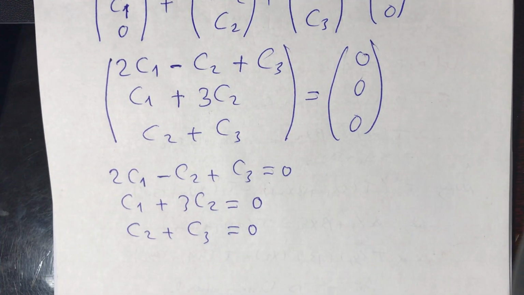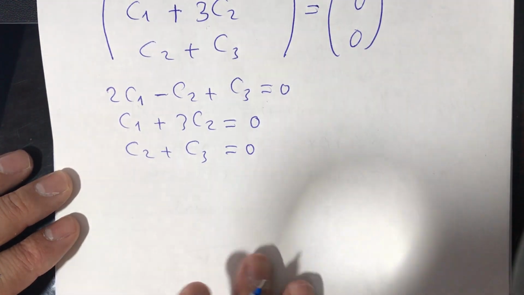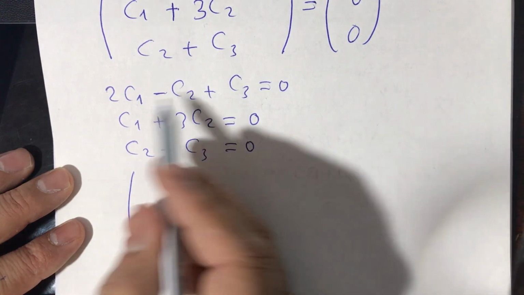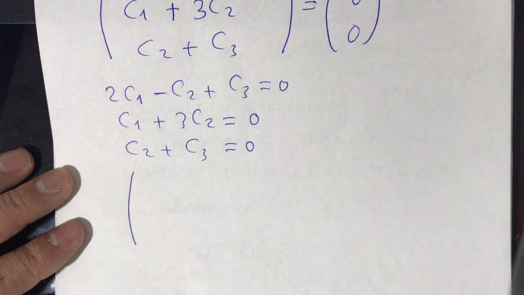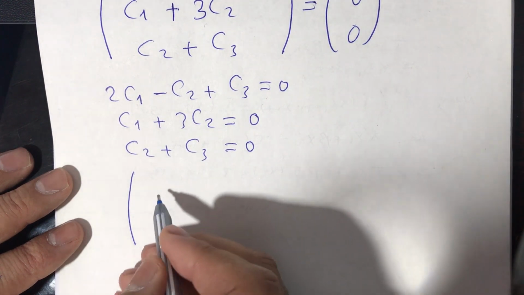Now we move it to a matrix. This is a linear system. Try to do it by the Gauss-Jordan method.